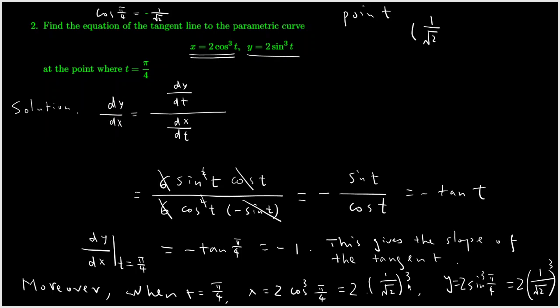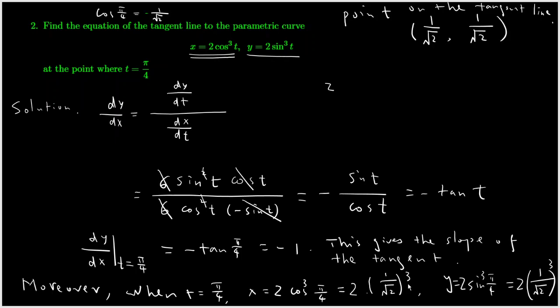I will show you the details if you really want to know why, okay? And the y coordinate is also given by the same number, 1 over square root of 2. So this is the point on the tangent line. Okay, I will show you how I got this.